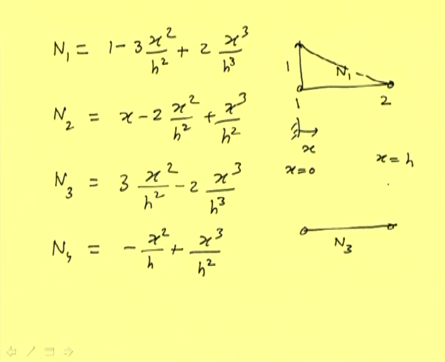When x is equal to 0, it becomes 0, and when x is equal to h, it becomes 1. In between it has this property. Similarly N2 and N3, their derivatives have similar properties that we will be using in subsequent analysis.